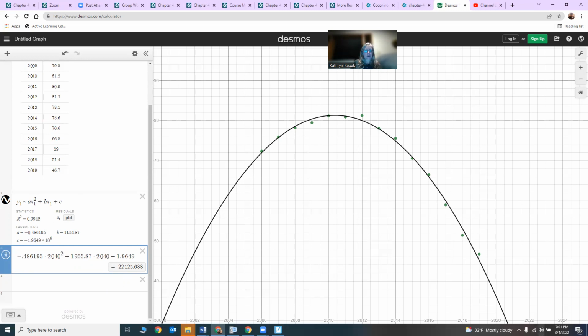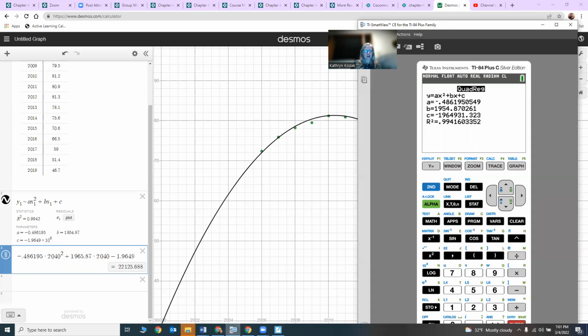We could also go to our calculator and try it there. Since we already have the equation in there, we can go to Y-VARS, number 1 and number 1 for the Y1, then type in 2040, close your parenthesis, and hit enter. Yes, it should be a negative number.